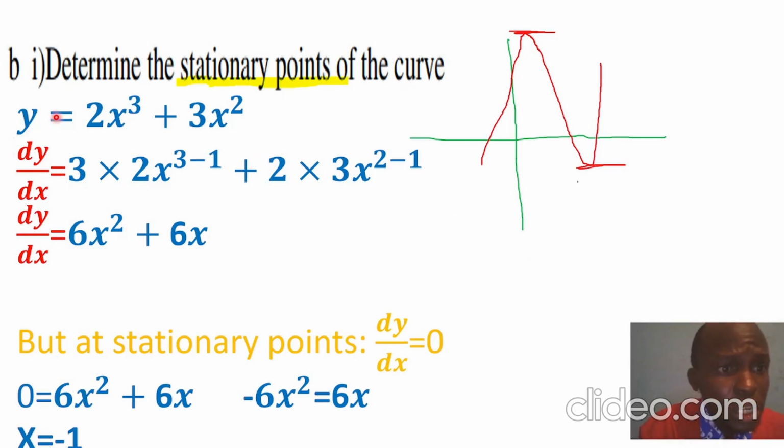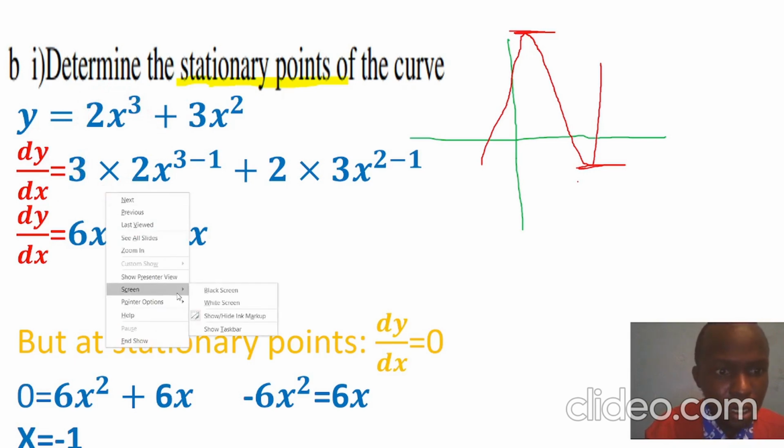The y is equal to 2x cubed plus 3x squared. That is the original equation. But what is the gradient function, or rather the derivative? dy/dx is equal to, now let us see how the differentiation has happened.